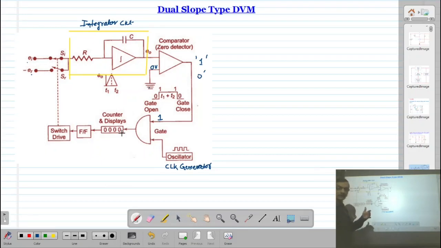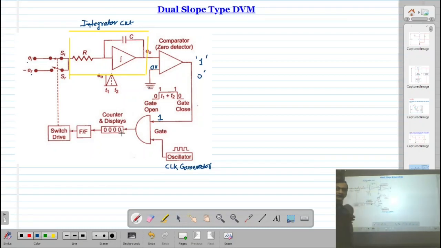It is an up counter. So it goes on counting the number of clock pulses. Then whenever the counter is full, it will drive the flip-flop. And the flip-flop is going to drive a switch. So this switch will be either connected to EI or it will be connected to your reference voltage ER.